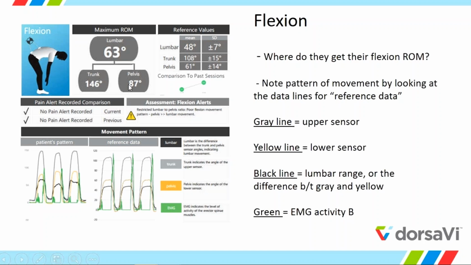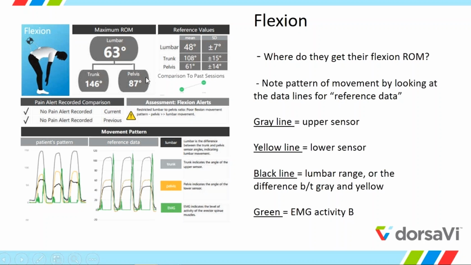What's really interesting about this, and which is just so great if you look at this and apply it clinically, is it's giving us an alert that says I have a poor restricted lumbar to pelvic ratio, which means that I am moving mostly from my hips, so I have extremely flexible hamstrings, so a lot of my motion comes from my hips, and you can see that my pelvic sensor moved more than 20 degrees more than the norm through space. So you can see where they're getting their motion by looking at where the pelvic and the trunk sensors are moving and positioned.